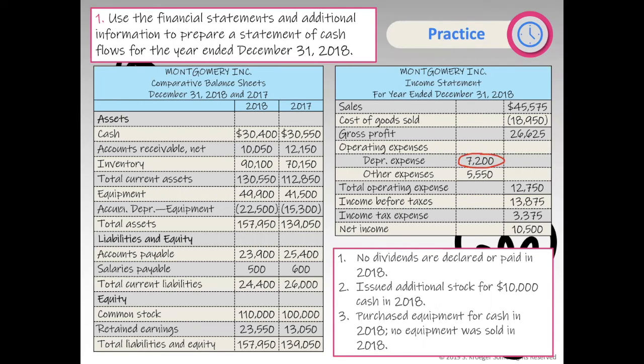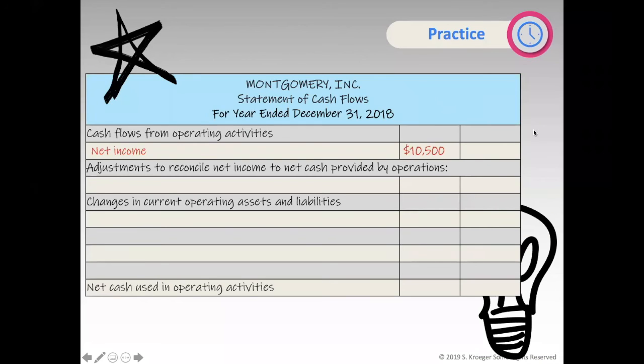Also, if we look at accumulated depreciation, the difference between last year's and this year's number is $7,200 as well. On the next line, we're going to write in depreciation expense. And remember, depreciation has already been subtracted from net income, so we want to reverse that out by adding it. So we will add the $7,200.